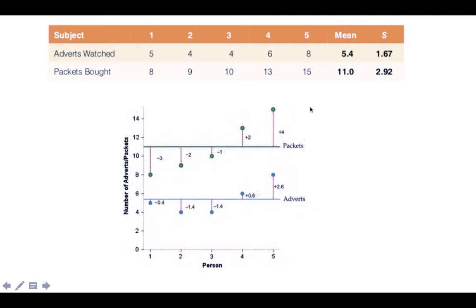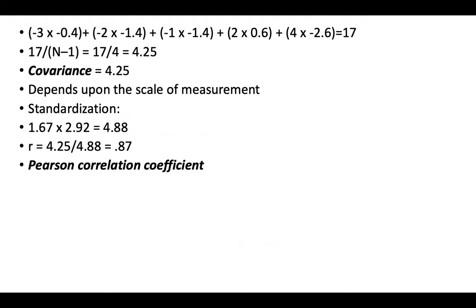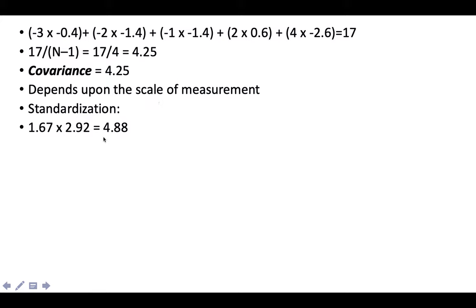So you can see that we put into the table the standard deviations, which are 1.67 and 2.92. So what we do is we multiply the two standard deviations with each other, which is 4.88. Then the correlation coefficient will be the covariance divided by the multiplication of the standard deviations.